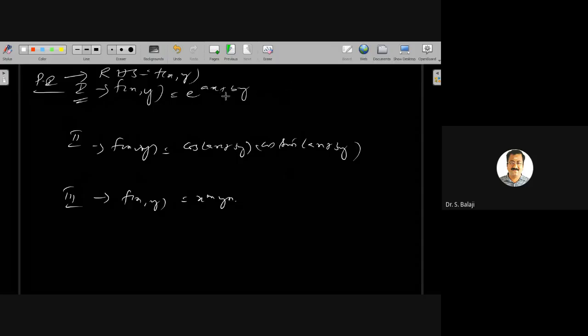For this, replace D by a. The particular integral can be written as 1 by function of D comma D'.